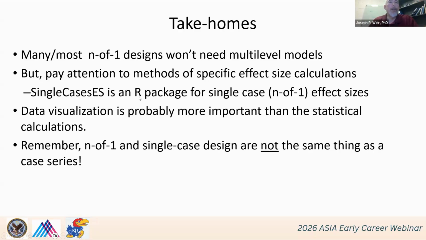And for those of you who use R, there's a package out there, SingleCaseES, so single case effect size package. You can just Google this. There's a GitHub page where you can download the package. To be honest, I've not actually played with that yet. But there's a variety of approaches in the single subject design world to quantify effect sizes that are a little bit different than what we're traditionally used to with more traditional experimental designs.